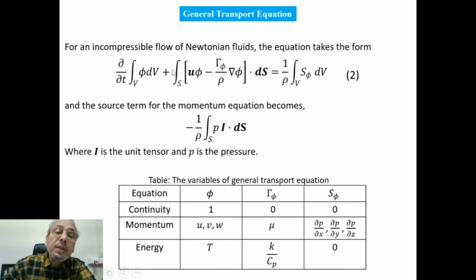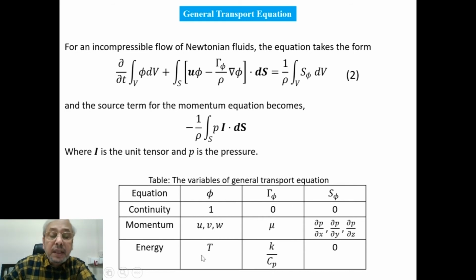When it is the momentum equation, phi will be U, V and W, and gamma phi will be mu, the coefficient of viscosity, and S phi will be del P del X for the X momentum equation, del P del Y for the Y momentum equation, and del P del Z for the Z momentum equation.